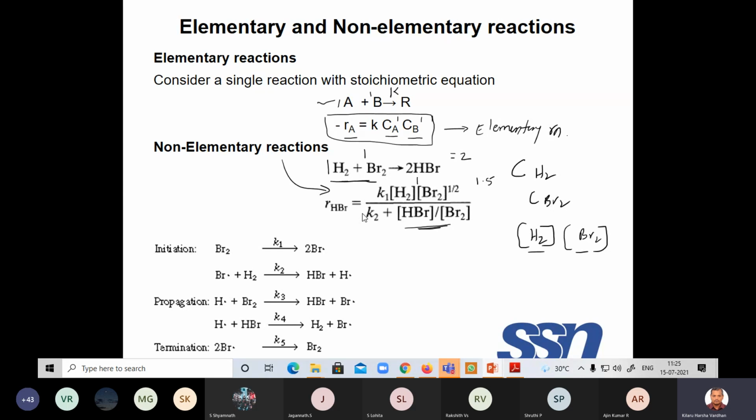You have to write the non-elementary reaction as a series of elementary reactions, especially initiation, propagation and termination steps, and then write the rates and club the rates to give you this final expression. So to find the rate, you have to divide this equation into a series of steps, like a series reaction.